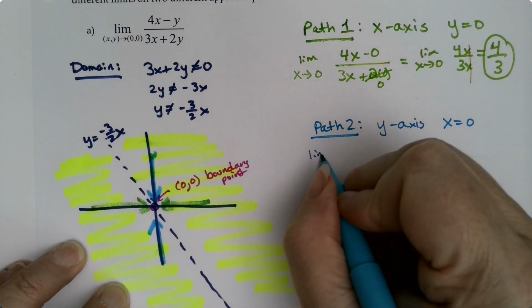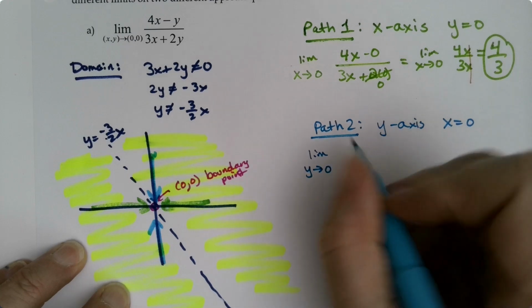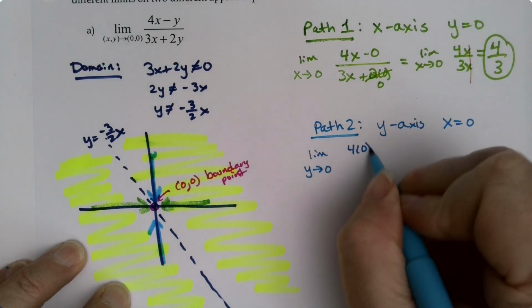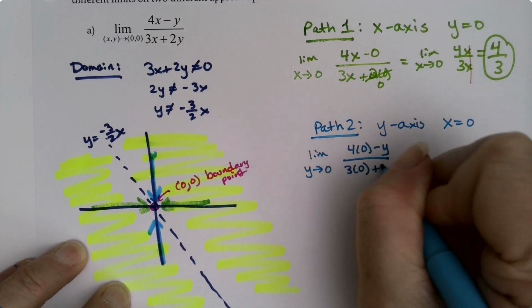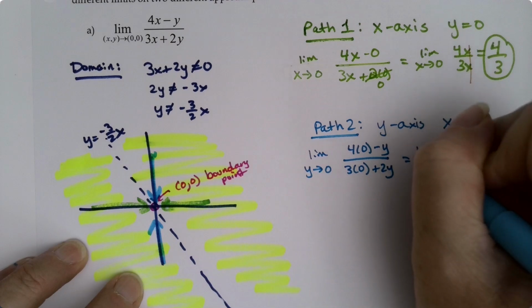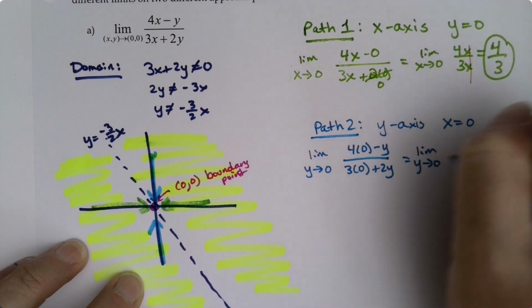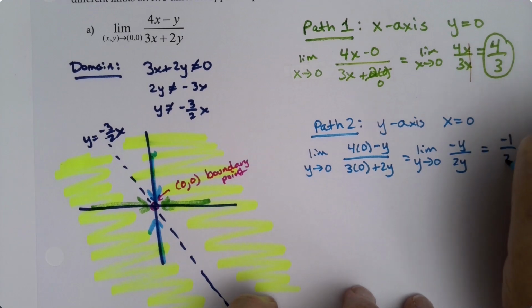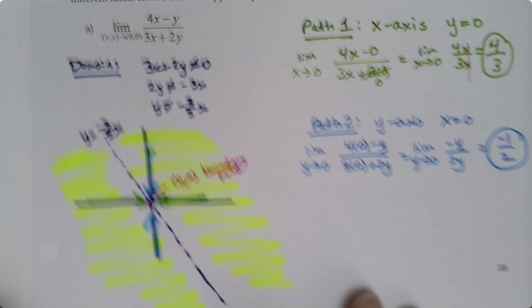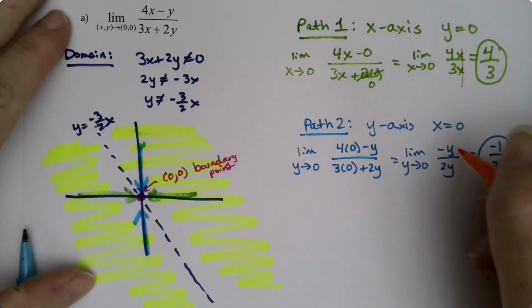So it'll be the limit as y goes to 0 of 4 times 0 minus y over 3 times 0 plus 2y, which is the limit as y goes to 0 of negative y over 2y, which is negative 1/2, because the y's disappear.